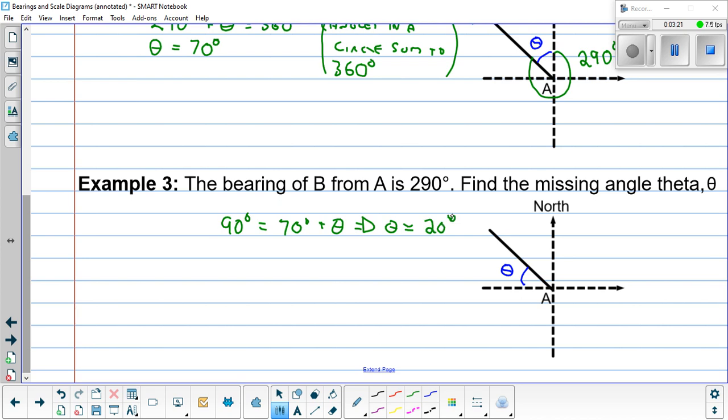Conversely, the other way we could do this is going all the way around: 290 degrees, subtract off the 270, that gets us to our west, and we'll find that that's 20 degrees. So there's no right or wrong way to go about solving these.